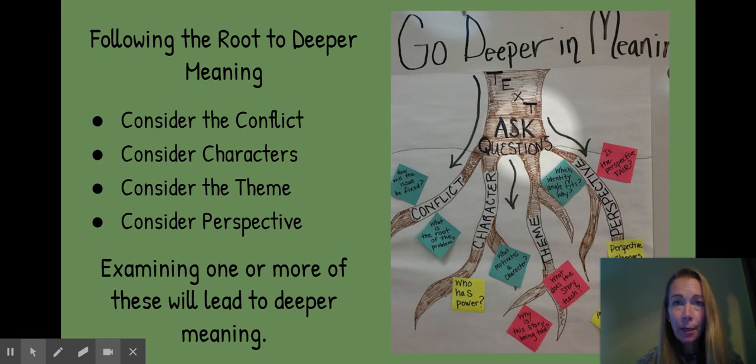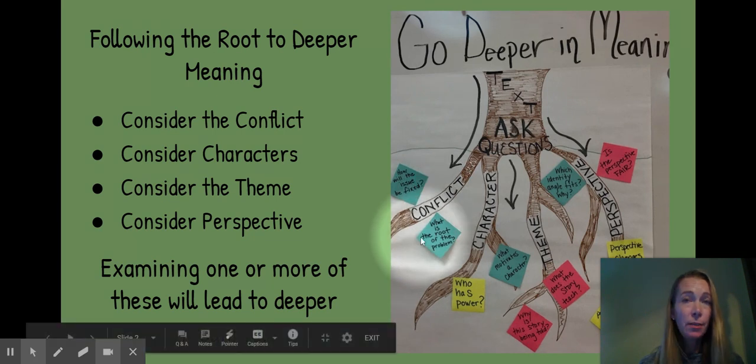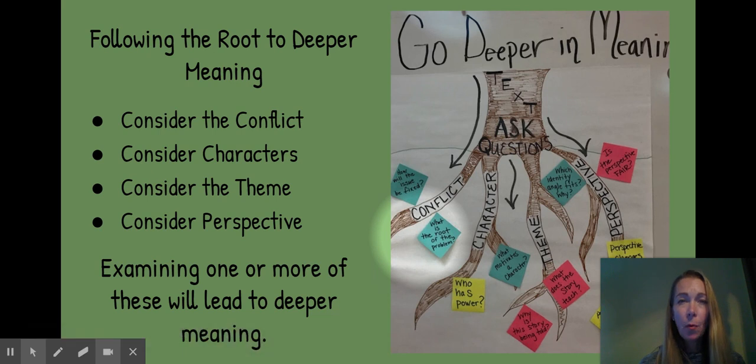After we're done reading, though, we go deeper into the text to the root of some of these really important areas of literature, such as conflict, character, theme, and perspective. Considering these helps us, and that's our strategy, to consider these 4 roots. That helps us develop more insight and understanding of what's happening.